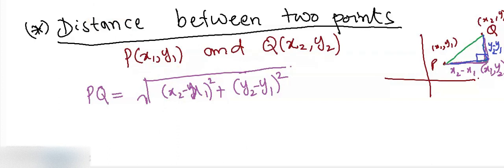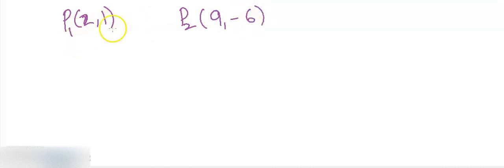So let's do one short example. We have got 2 points. Let's say point 1 is 2 comma 1 and point 2 is 9 comma minus 6. I'm interested in the distance between these 2 points, so I'll label this one as x1 y1 and this as x2 y2. It is not necessary to do it this way; it really doesn't matter.